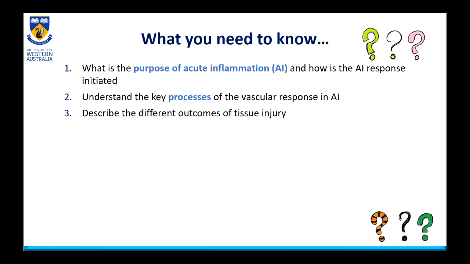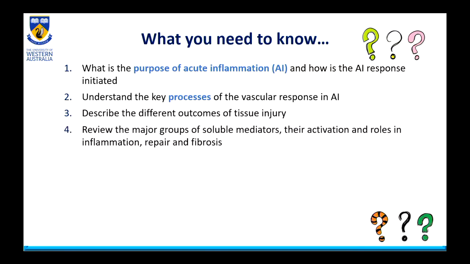So just recapping, this was the what you need to know slide. These three were the ones that were pertinent to the last two lectures. And the next ones are the ones relevant to this one, although they're pretty broad, so they cover all three anyway. But that is to review the major groups of soluble mediators, their activation, and roles in inflammation, repair, and fibrosis.